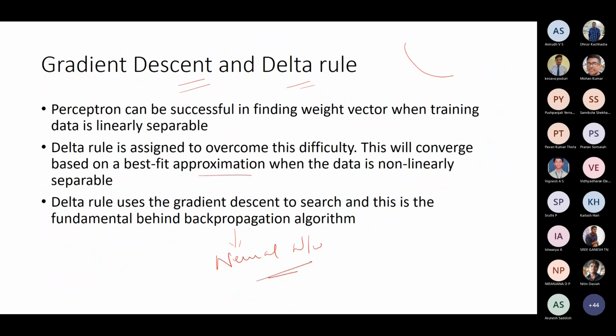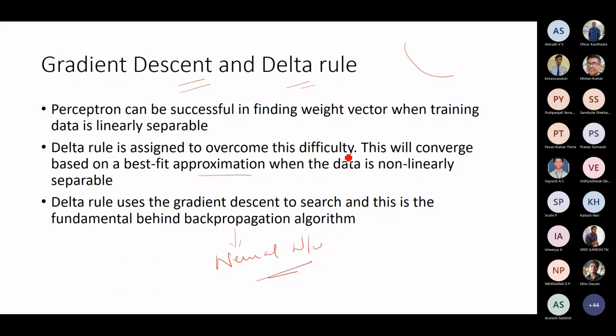So how does it converge? The convergence is because of the gradient descent rule, and there is one more rule called the delta rule. The perceptron, that is a single neuron model, can find the weight vector very successfully if the training data is linearly separable. Supposing the data is not, this delta rule is applied in order to overcome this difficulty.